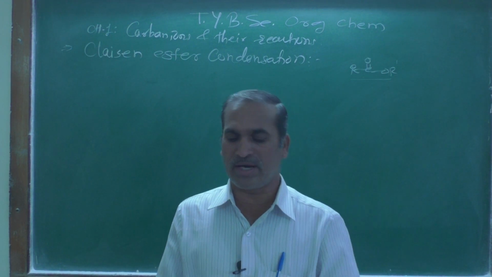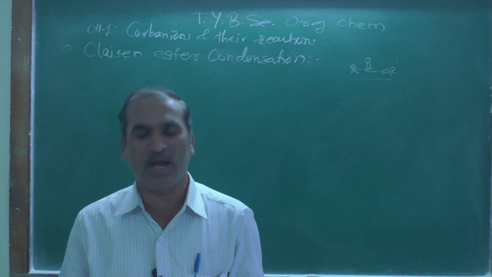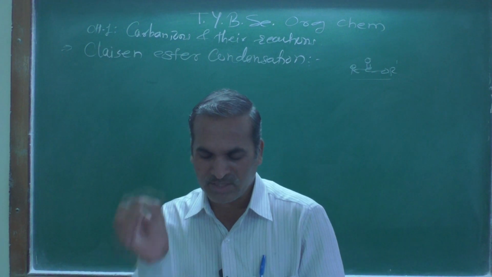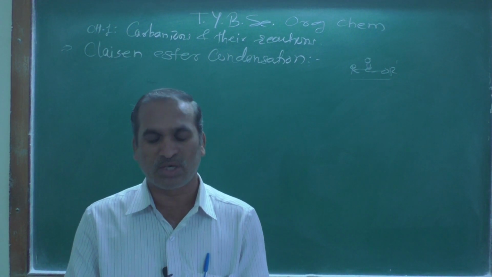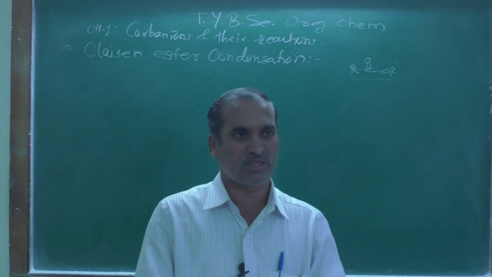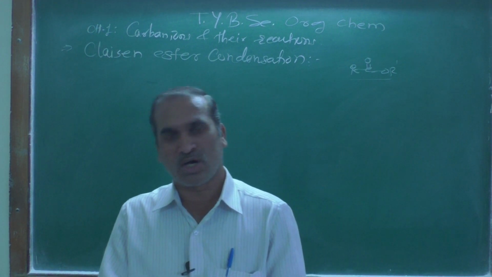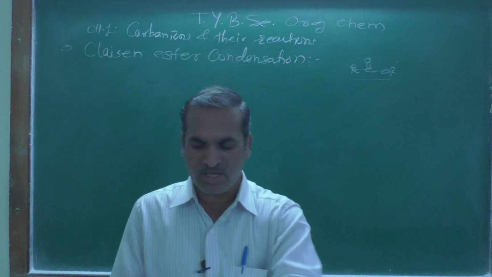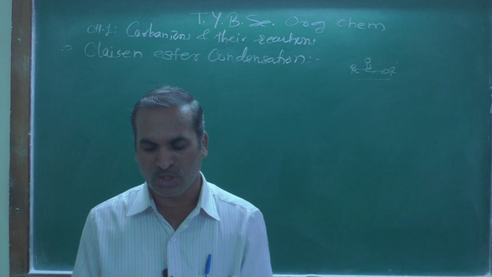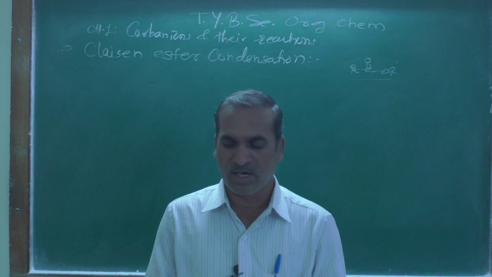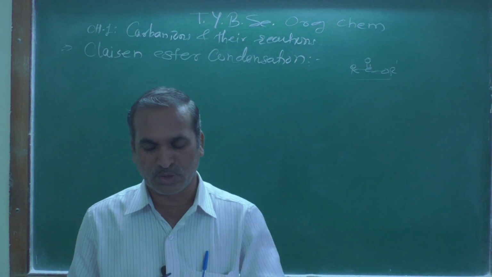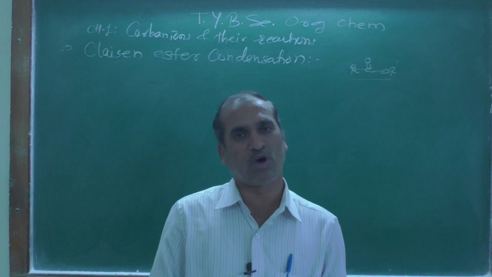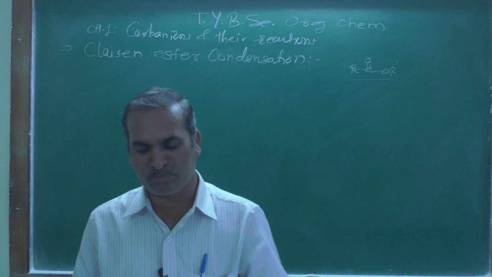Similar to aldehydes and ketones, the alpha hydrogen atom in an ester is weakly acidic and reacts with a strong base such as sodium alkoxide or sodamide to form the carbanion, and this carbanion attacks the carbonyl group of another molecule, leading to the substitution product. Two molecules of ethyl acetate is the simplest example.